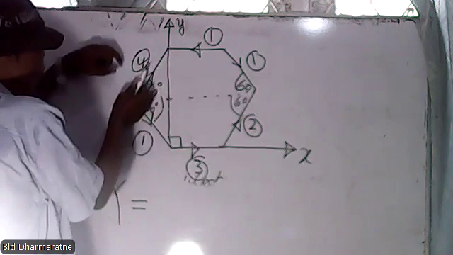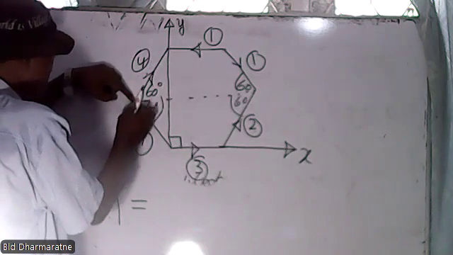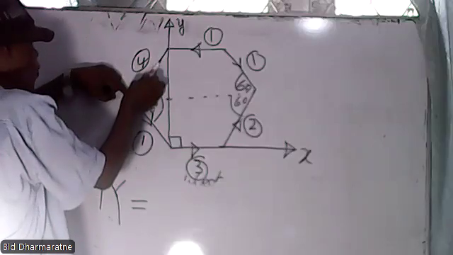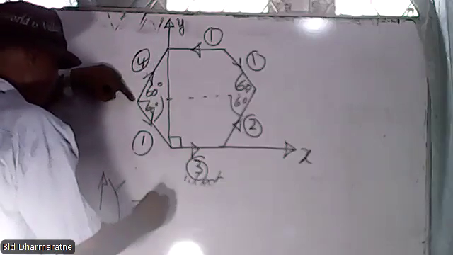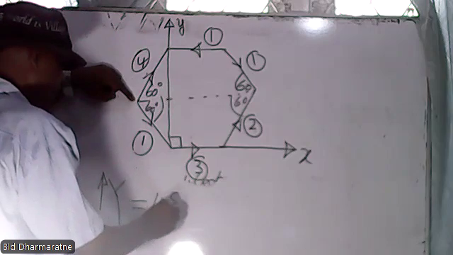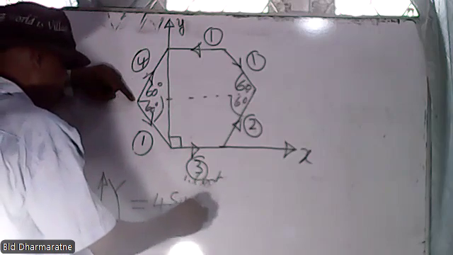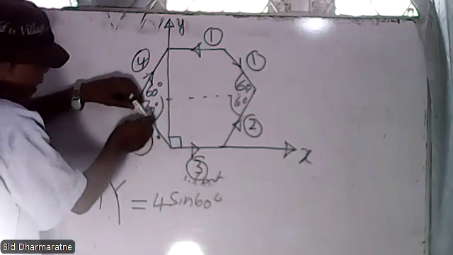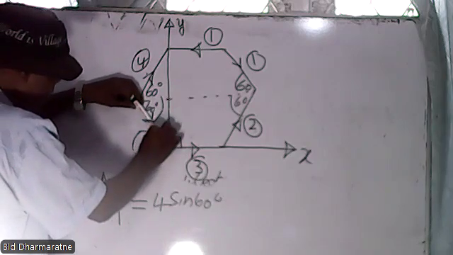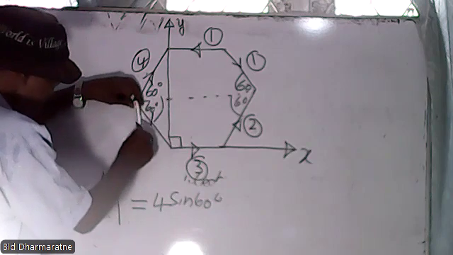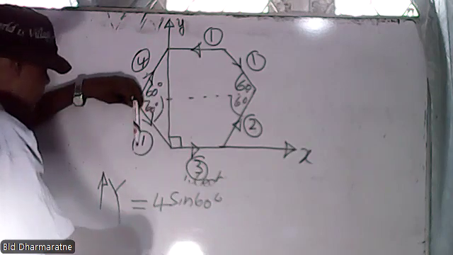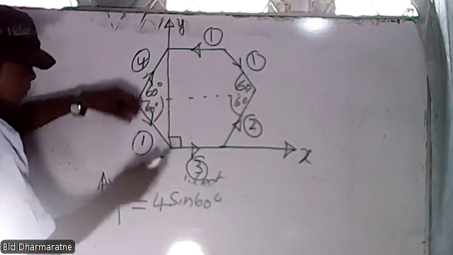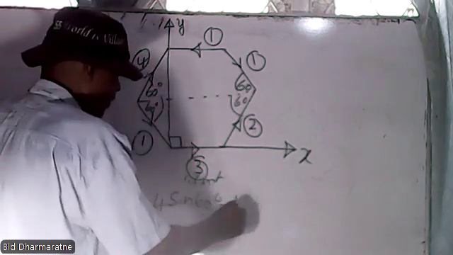Why are we considering the Y direction? Because of the inclined forces. This is 4 sin 60, in this direction, vertical, upward side. 4 sin 60, plus 4 sin 60. This one is downward: 1 sin 60, downward direction, minus 1 sin 60.